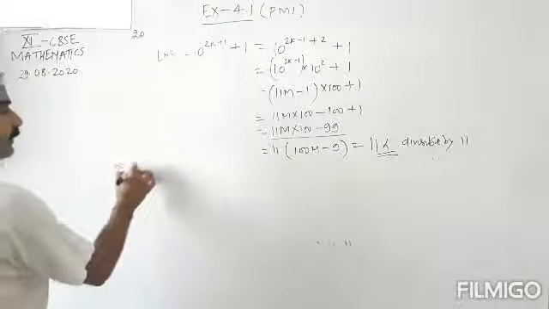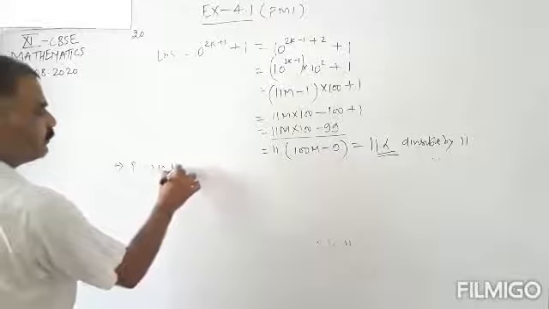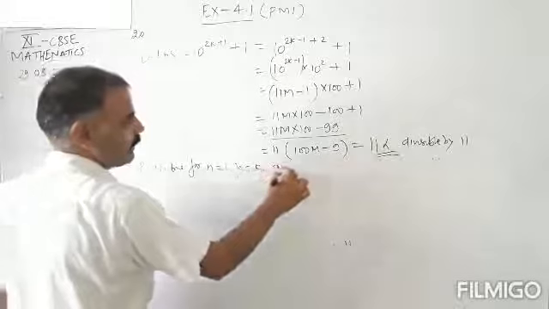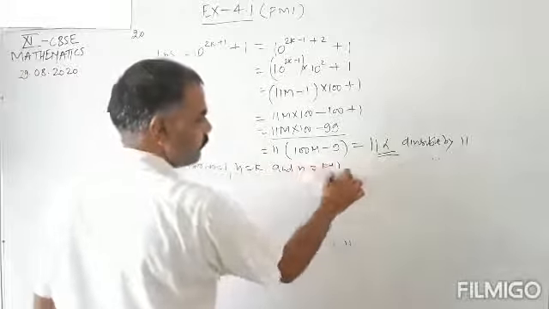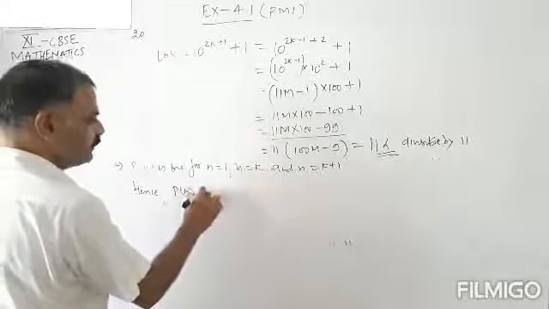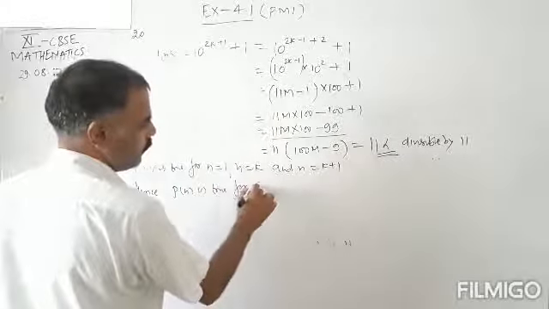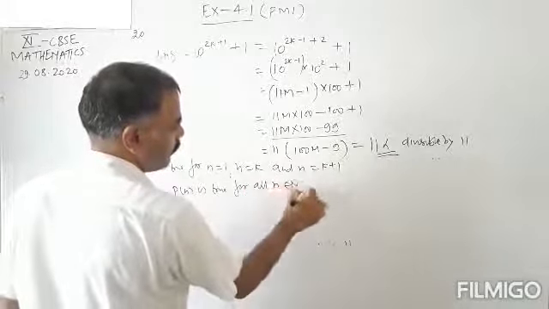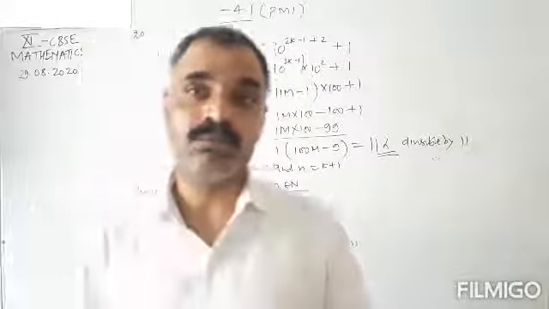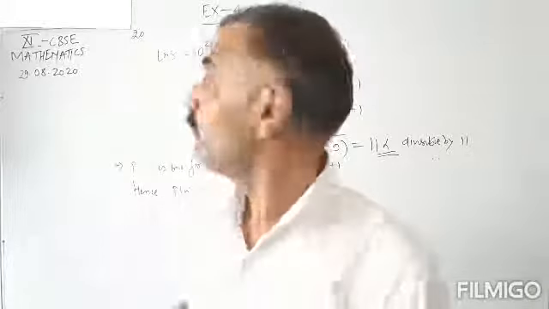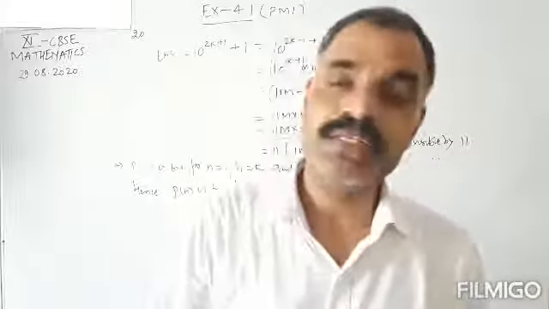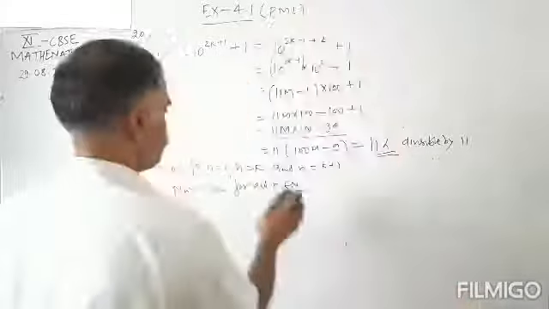Implies that Pn is true for n equals to 1, n equals to k, and n equals to k plus 1. Hence Pn is true for all natural numbers n. Okay. So this is the solution of question number 20. Okay, we have not wasted any amount of time.